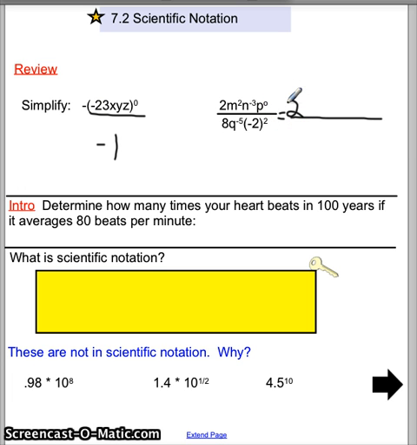M squared does not have a negative exponent, so it is also happy where it is. Then n to the -3, it does have a negative exponent. It is not happy where it is. We have to take that n to the -3 and move it to the bottom. P to the 0, well, there we're talking about 1. Anything to the 0 power is 1, so really we're multiplying by 1.